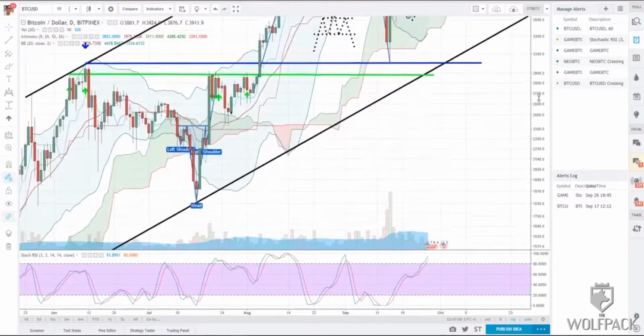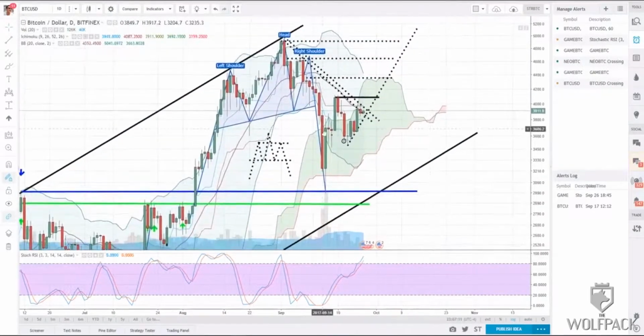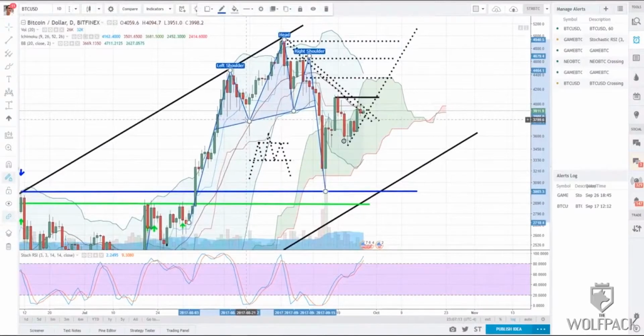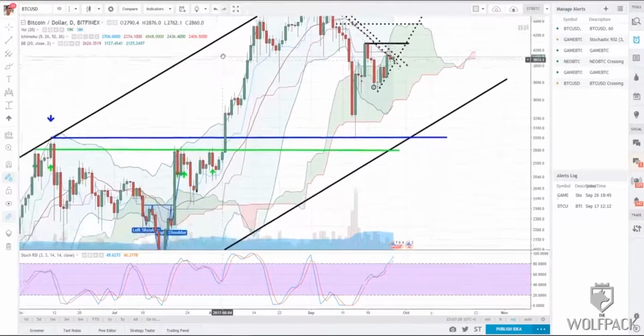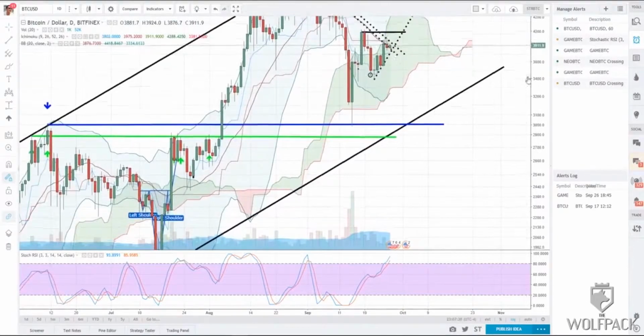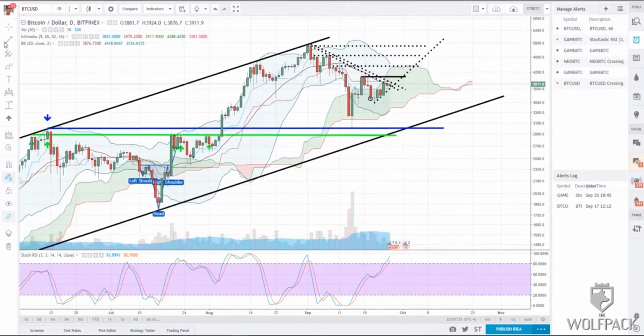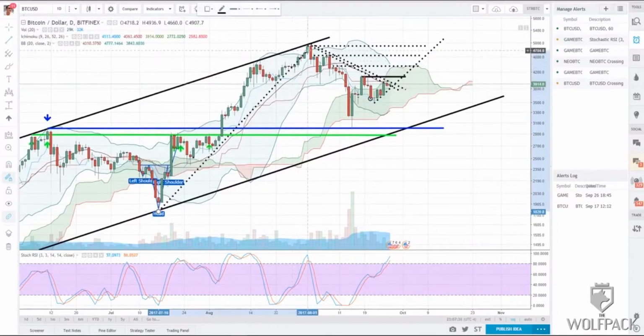Recently we had a really big rising wedge up here. Let me show you. Let me just clear all of this stuff out. It went all the way from down here to, yeah, right here.